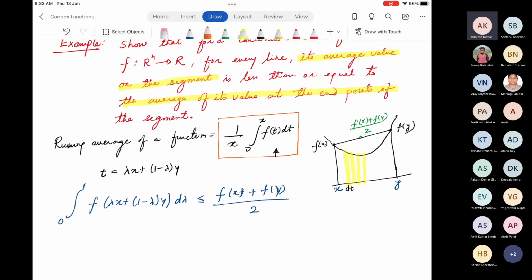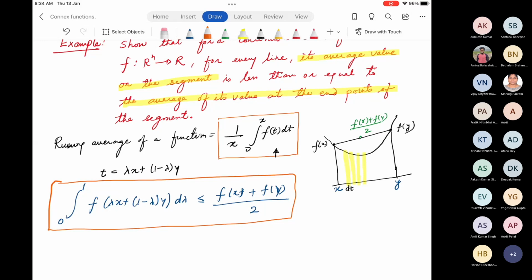Tell me whether you are able to understand how we got the left hand side of this expression as the average value on the segment. So the left hand side is its average value on the segment, and the right hand side is the average of its value at the endpoints of the segment. So are you able to understand the left hand side? See properly.